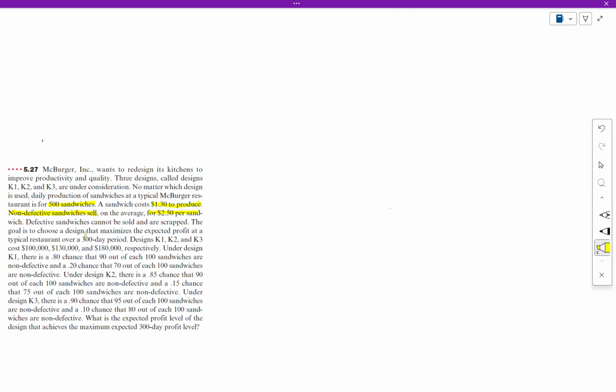The goal is to choose a design that maximizes the expected profit. So the example we have done previously was supposed to say this statement: to maximize the expected profit at a typical restaurant over a 300 day period.